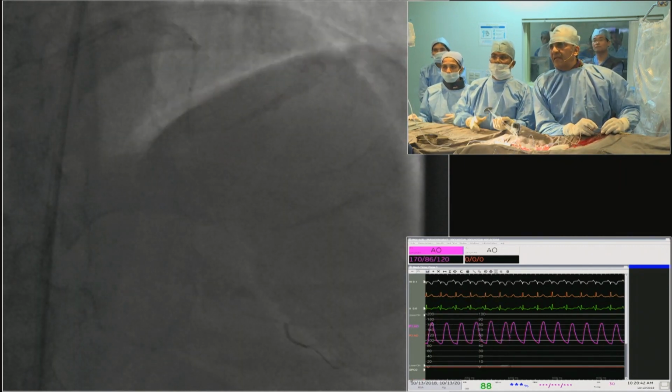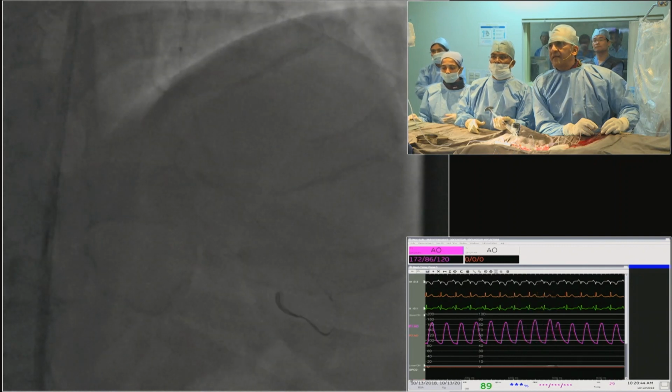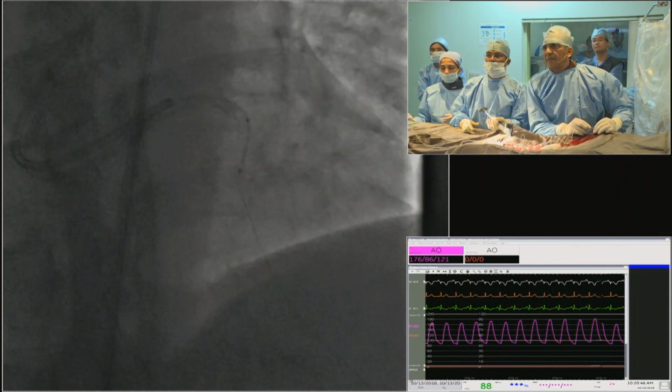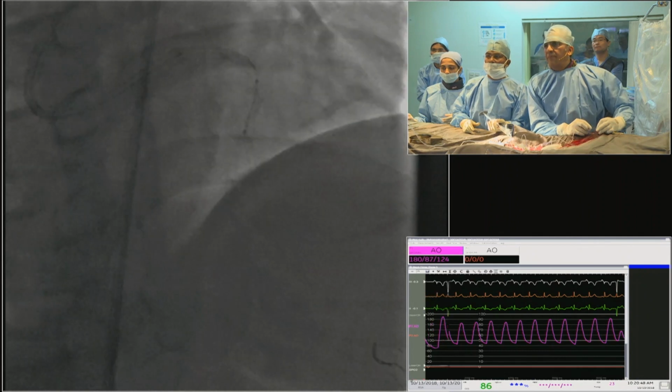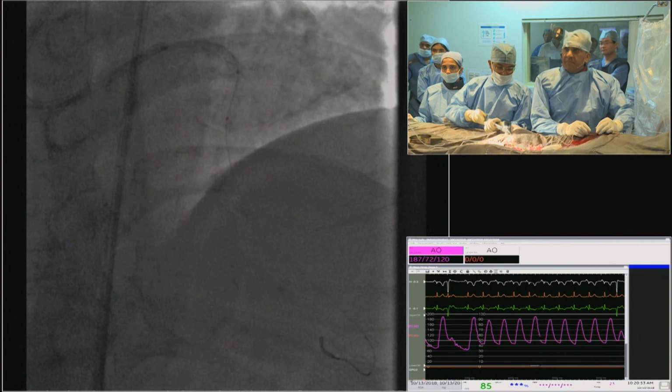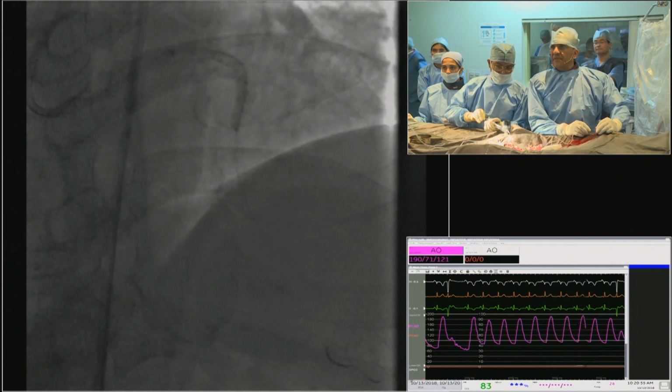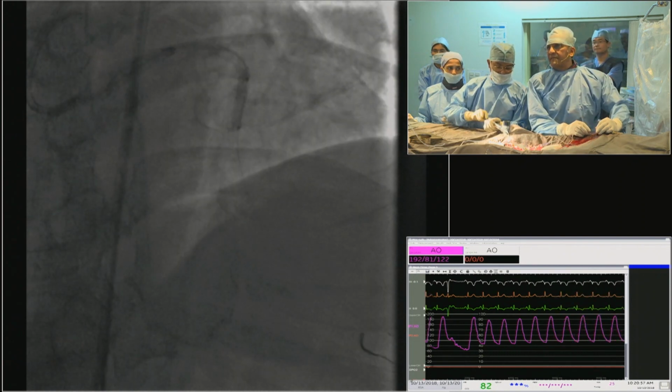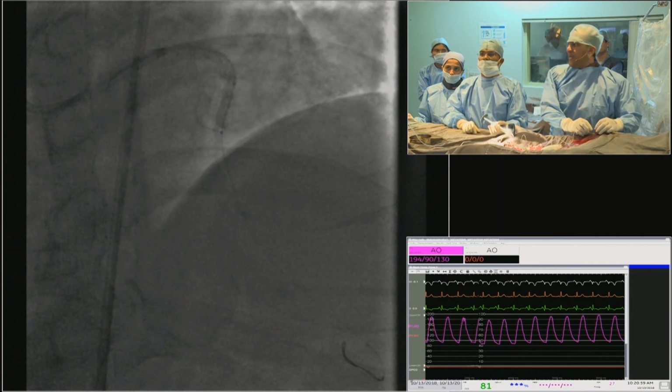Go cranial less. I want to see the edge of the stent. Yeah. Go up. Down. Just give me an IVUS, please.